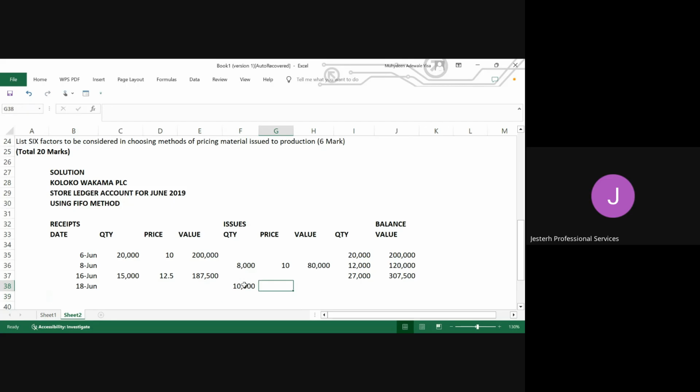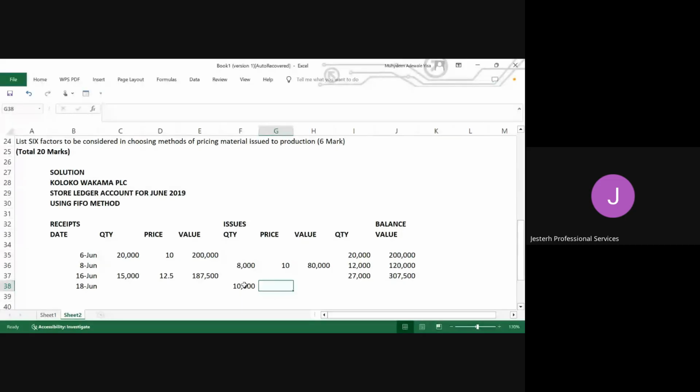Now, this is where little confusion usually come out. Always remember the formula, the method that they ask you to use. They ask us to use first in, first out. It means we need to exhaust the product that we have in our store before we now consider any new one that we purchase.